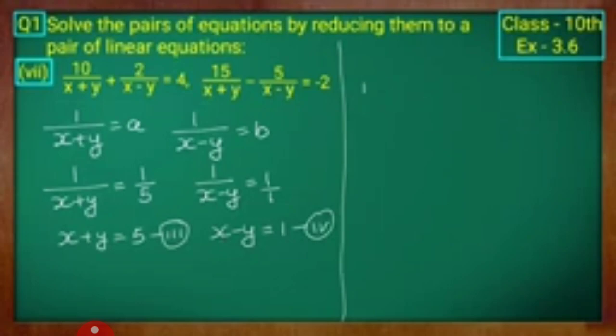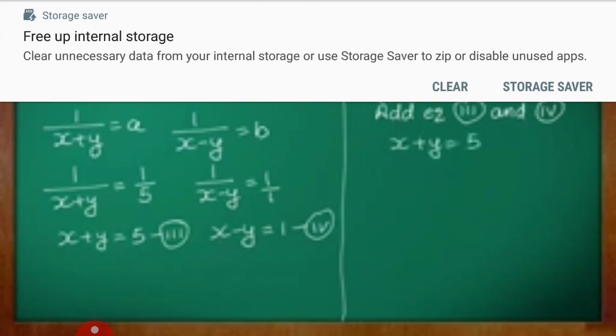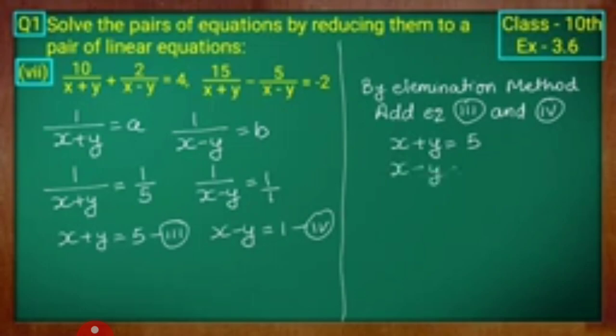Now solve this third and fourth equation to get the value of x and y, because we need to find the value of x and y, not only a and b. So for x and y, you solve these two equations by the elimination method.